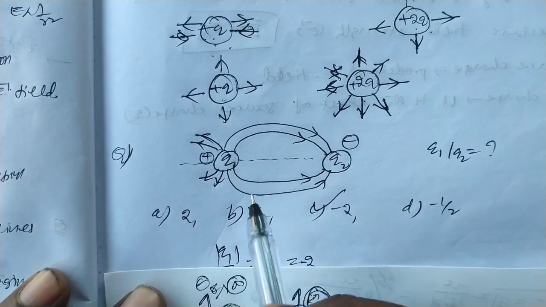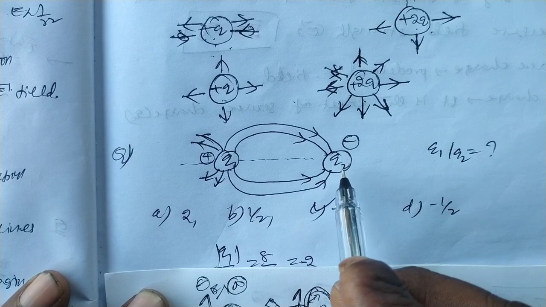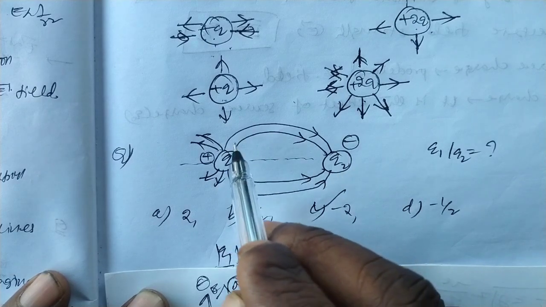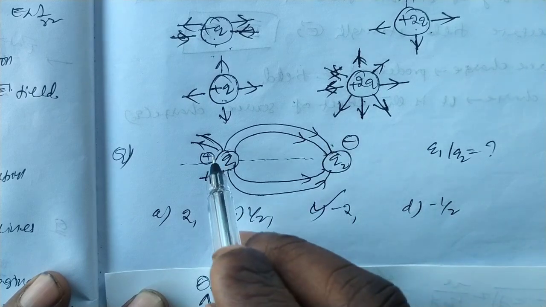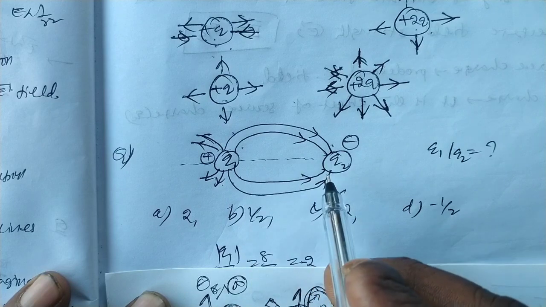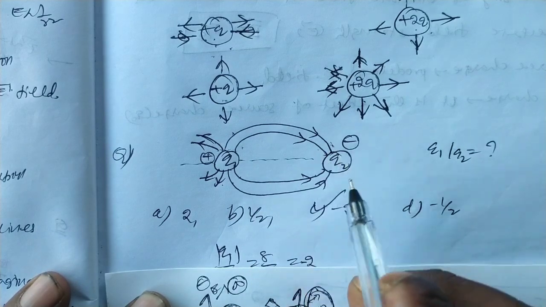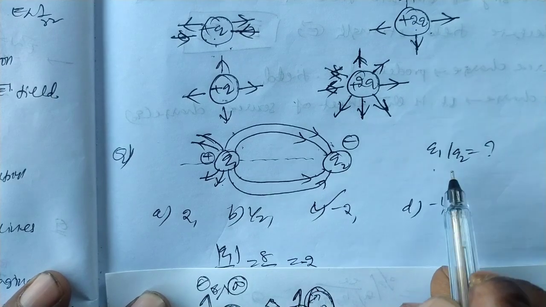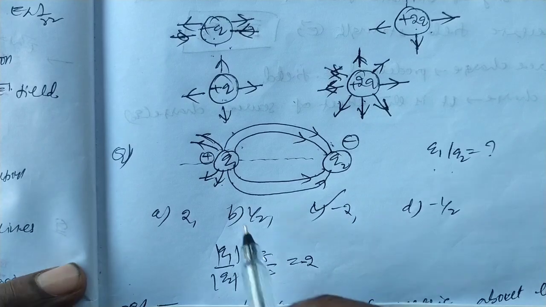One problem: there is one positive charge and another, a negative charge. The electric lines of force go from positive to negative only. Q1 has 1 2 3 4 5 6 7 8 lines of force. Q2 has 1 2 3 4. What is the ratio Q1 by Q2?